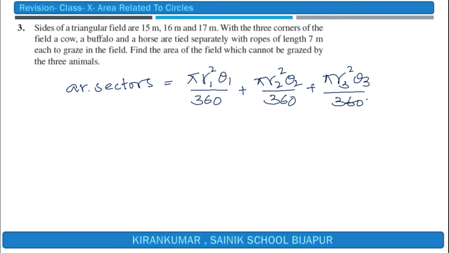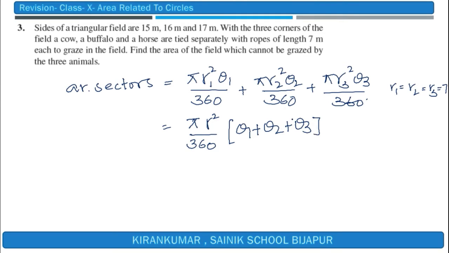Since the lengths of the ropes are equal, r1 will be equal to r2 will be equal to r3, and it is 7. So let me take pi times r square by 360 as common. You'll be getting theta 1 plus theta 2 plus theta 3.